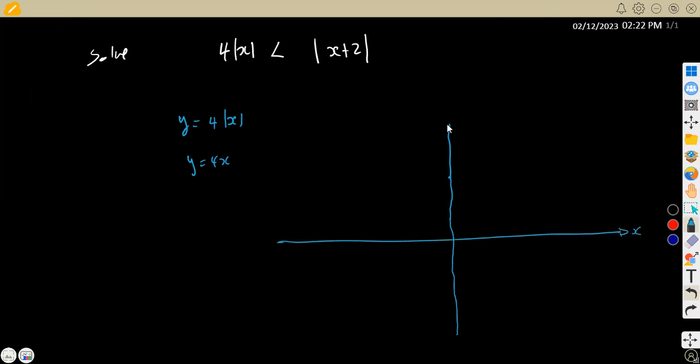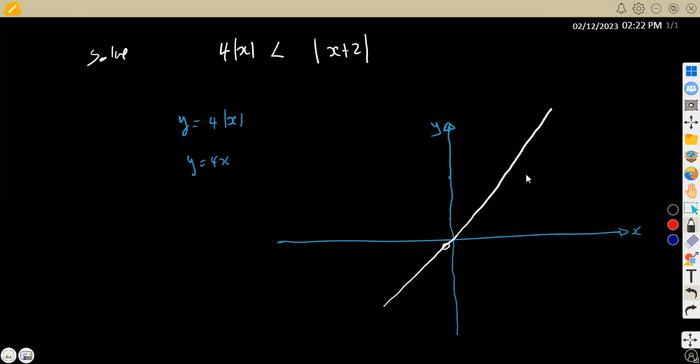For this one, we know that when x is equal to 0, y is equal to 0 because we do not have a constant here. So it is going to pass through 0 here, and it has a positive gradient. So you can just sketch something like this, passing through 0 like this. This was supposed to be the line of y is equal to 4x.